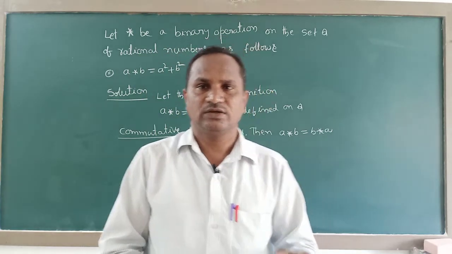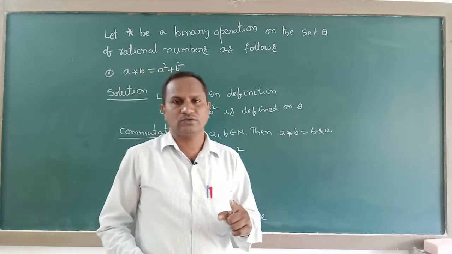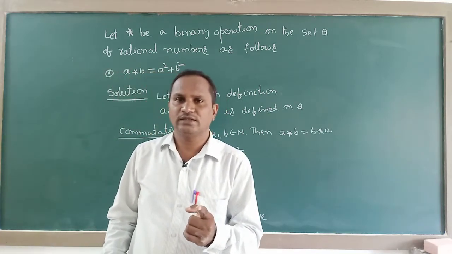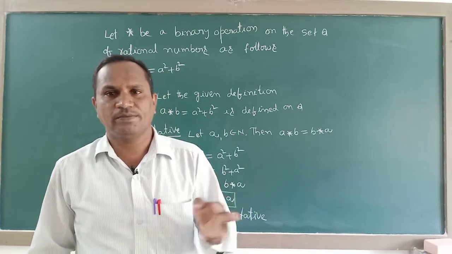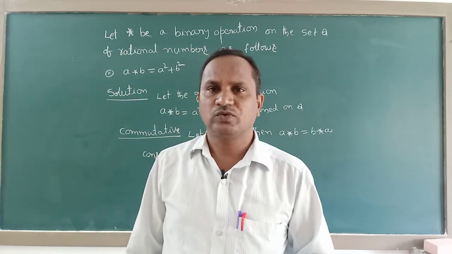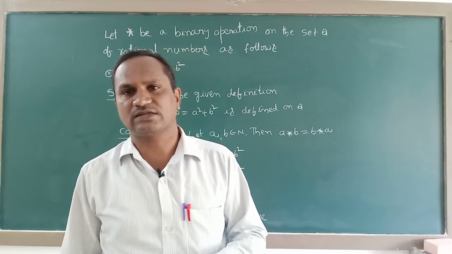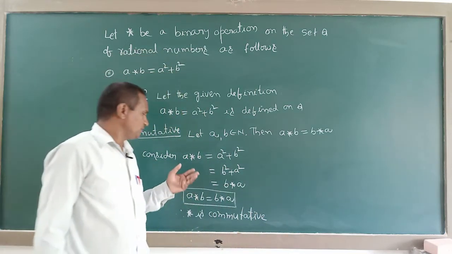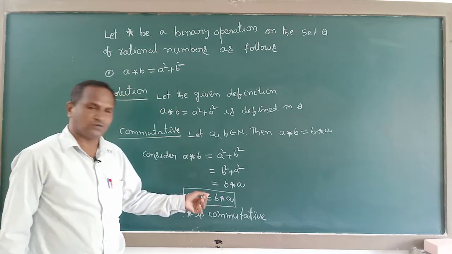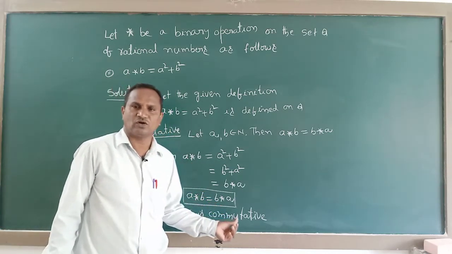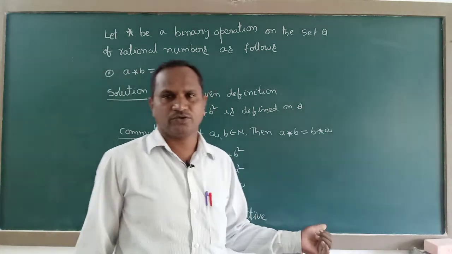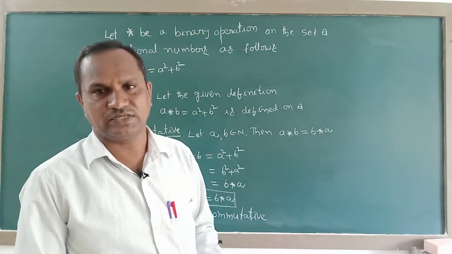That's why 2 square plus 3 square is equal to 3 square plus 2 square. With the help of the binary operation, 2 star 3 is equal to 3 star 2. So according to that example, a star b is equal to b star a. Therefore, star is commutative. Now we are going to give the answer for associative.